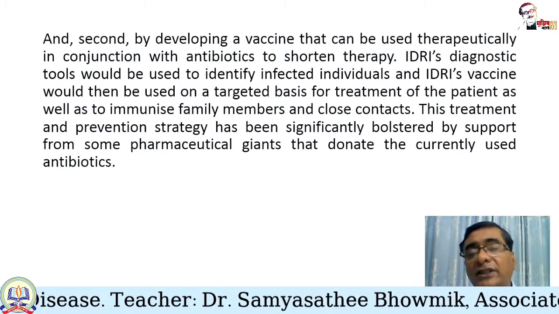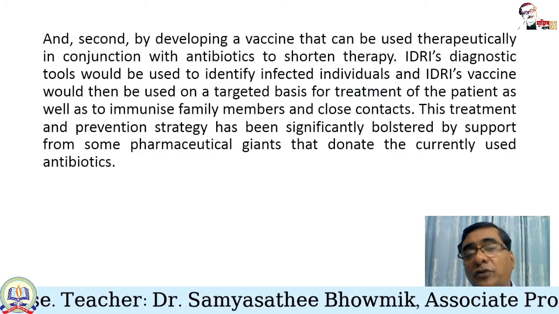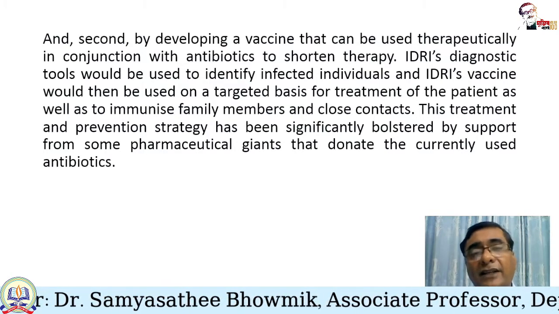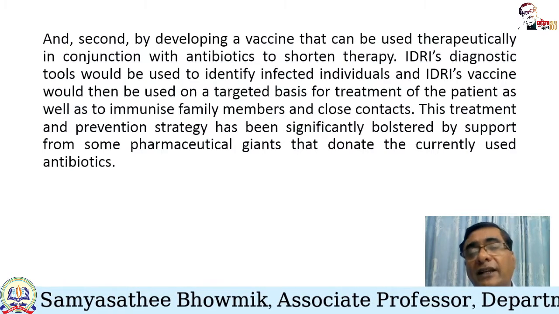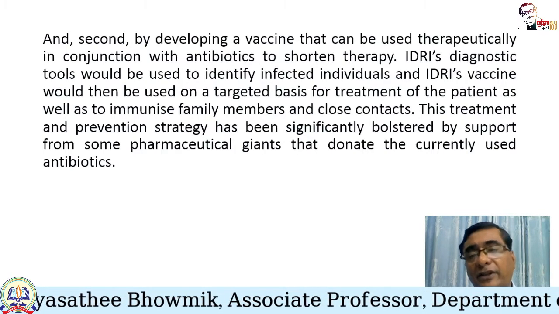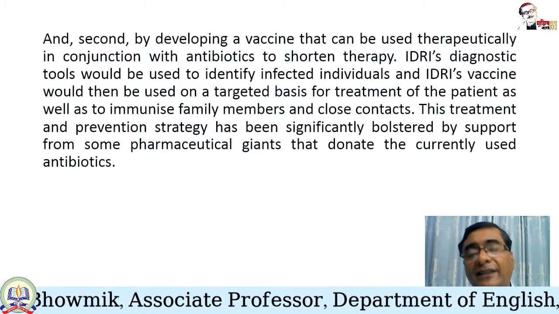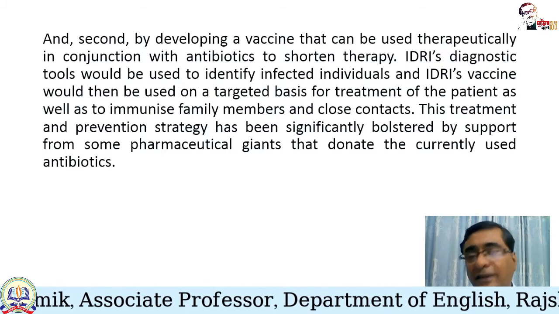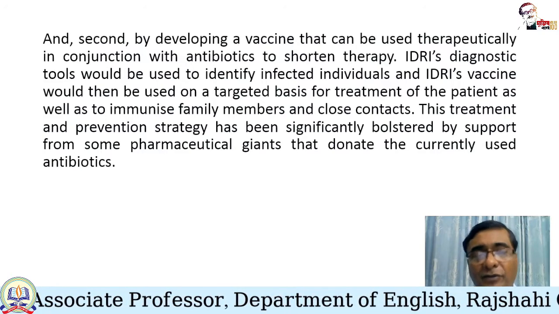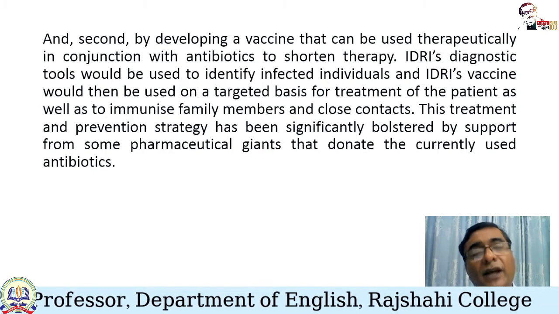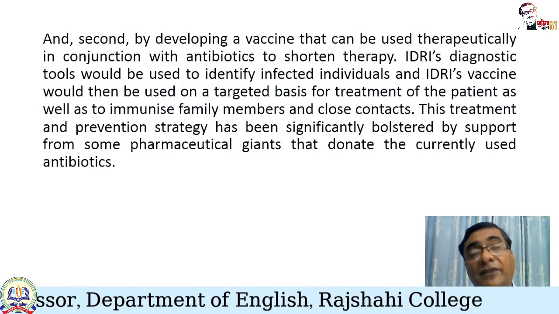So, they are using their tools to identify the people who are already infected. And IDRI's vaccine would then be used on a targeted basis for treatment of the patient. And if a person is diagnosed with leprosy, then the patient will be given the treatment. Apart from that, even the family members of that person will be immunized or will be given the vaccine.